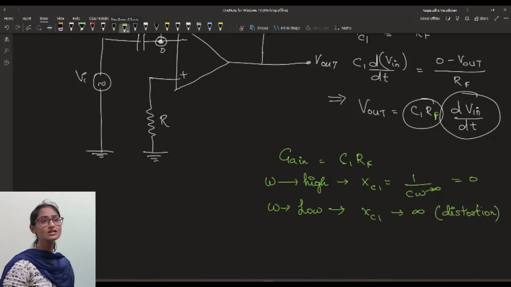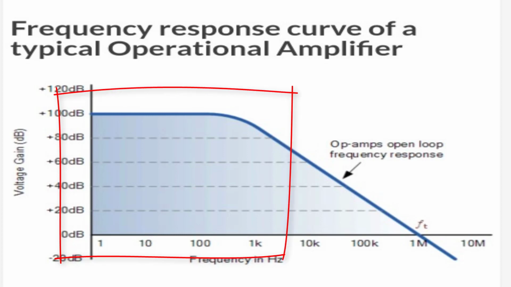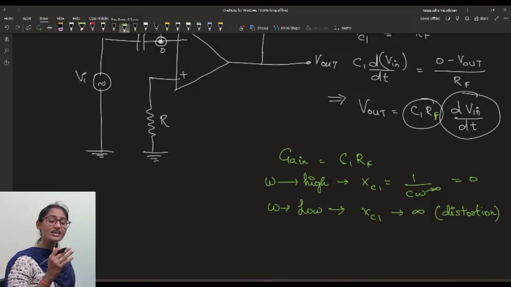Normally we operate the op-amp circuitry within the stable range of the op-amp, because at higher frequencies, as you have seen in the graph, it slopes down, and only up to the cutoff frequency is the gain stable. So we always operate the op-amp in the stable range, from 0 up to the cutoff frequency.